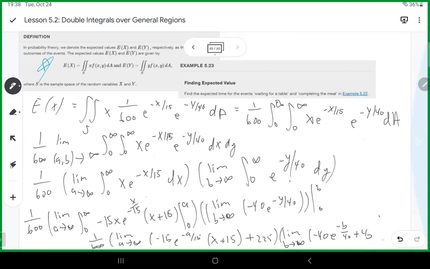All right, so then you end up with 1/600 times 225 times 40, so that's 15.